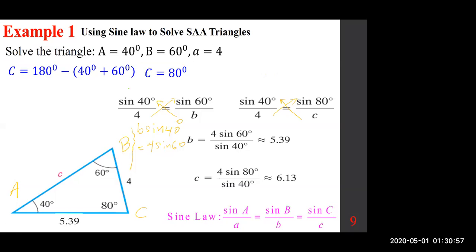One of the things that I like to do is to write all of them next to each other. For example, I would write right here, B is 5.39 and C is 6.13.